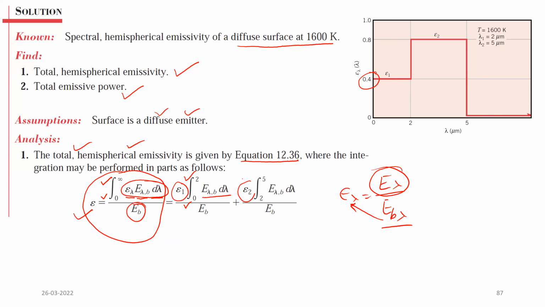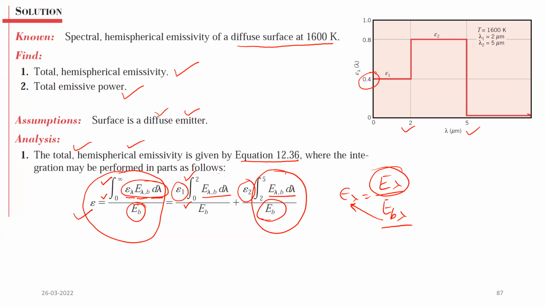Similarly, epsilon 2 is also constant between the wavelength range from 2 to 5 micrometer, and inside it is E lambda b d lambda divided by E b. It's quite easy. If you see this expression here, it is nothing but the fraction of energy lying between 0 to 2 microns and 0 to 5 microns. So that is how we can calculate this value.